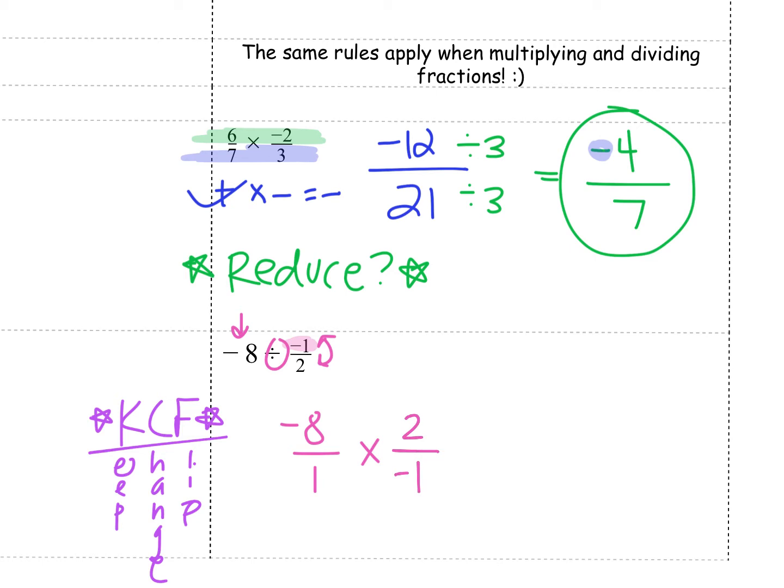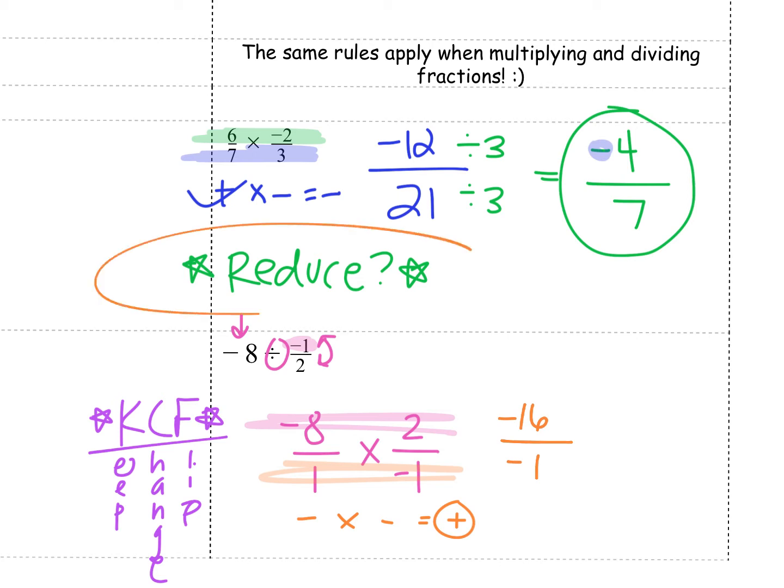When I think about the signs, I have a negative times a negative. I know it's going to equal a positive. Let's see how we do that. Multiply straight across. Negative 8 times 2 is negative 16. 1 times negative 1 is negative 1. When I go back to reduce, in my head I'm doing negative 16 divided by negative 1.